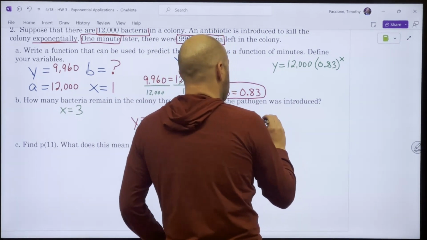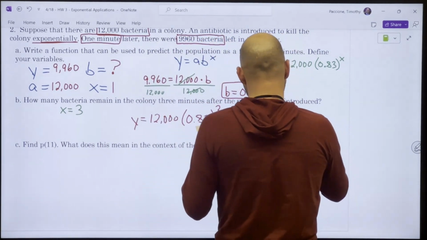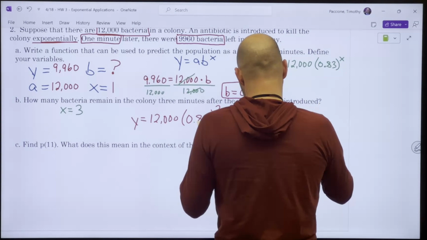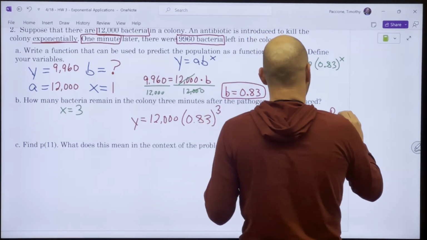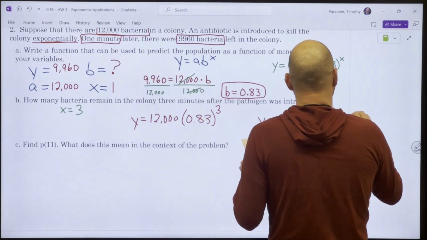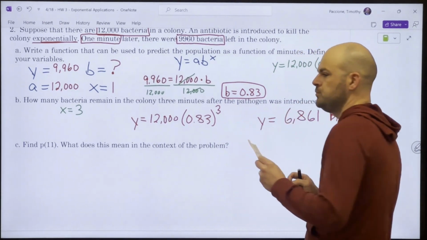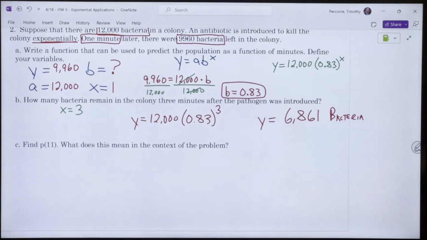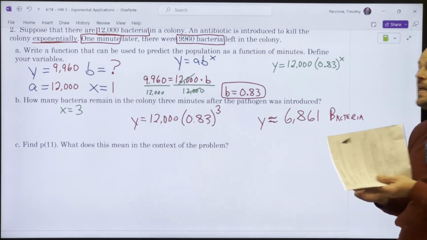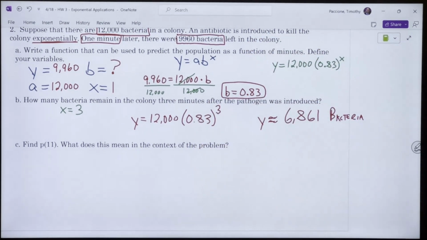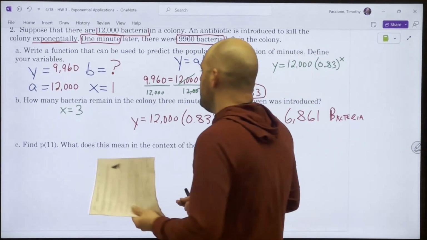And I get y equals 861 approximately bacteria. Unless to give you that exact number or a decimal. Decimal, right? So that's why I said approximately, right? We're basically saying we know we can't have half a bacteria, so we'll round to a near number, and that'll be our approximate amount. Okay?